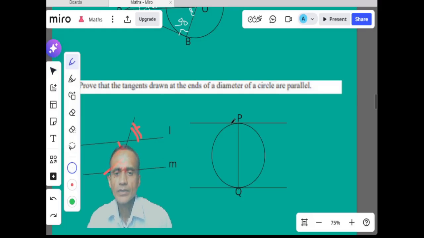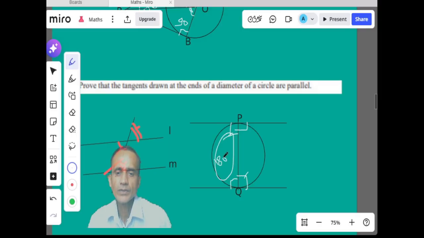In the figure you see that the tangent is perpendicular to the line drawn from the center of the circle to the point of contact of the tangent. So this angle is 90 degree, and both these angles are 90 degree. So what do we find here? Alternate angles are equal, and the sum of the interior opposite angles is 180 degree.